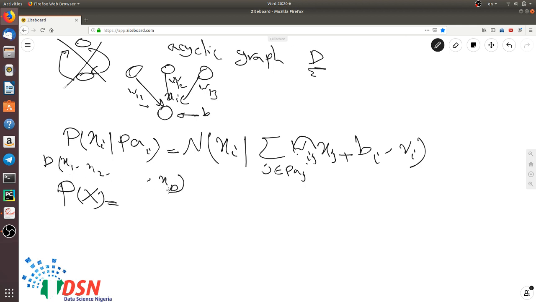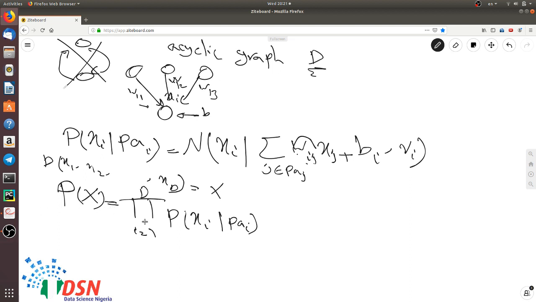So I represent the joint distribution with just a big X. It is the product over all the variables of p of xi conditioned on the parents of that node.